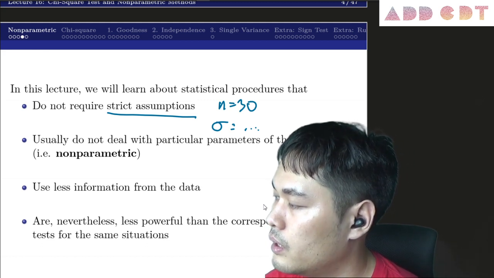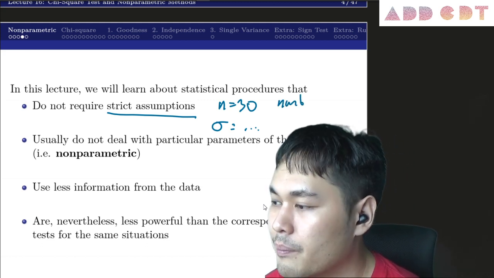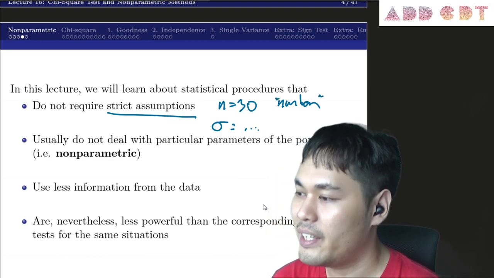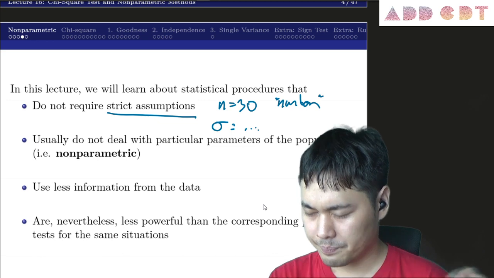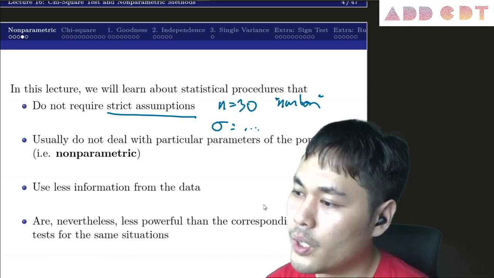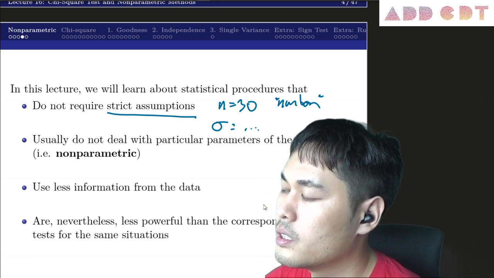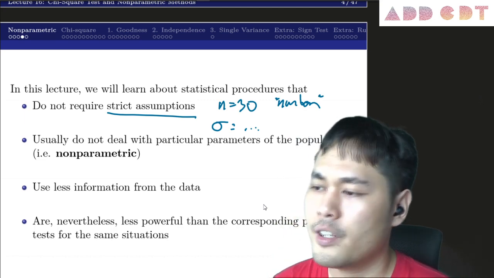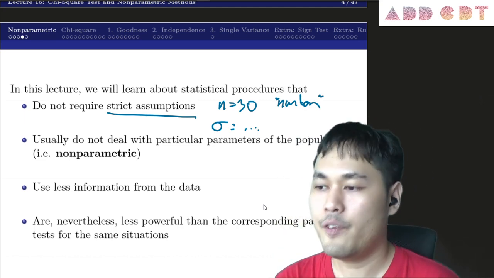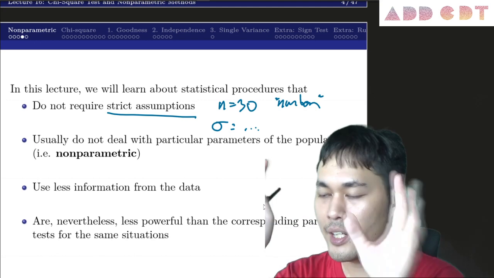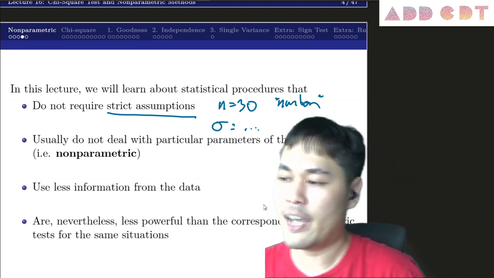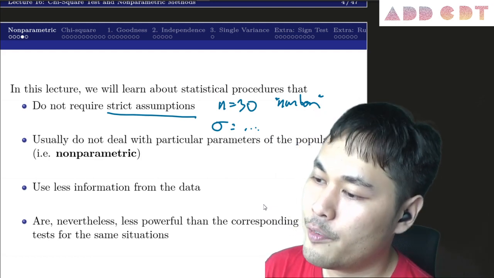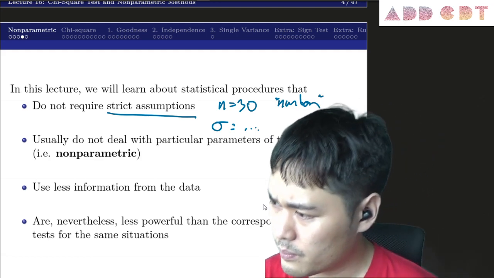We have to have a number that is continuous; we cannot deal with a discrete probability function. But what if we don't? What if we cannot get all these requirements? Then everything breaks, so you have to find a different method that you can use.